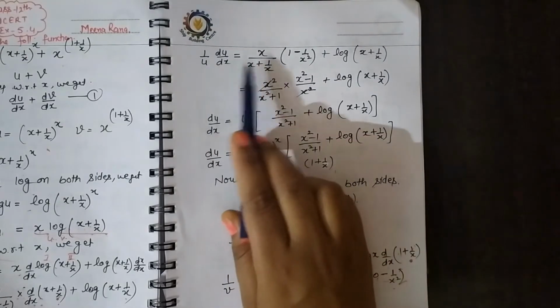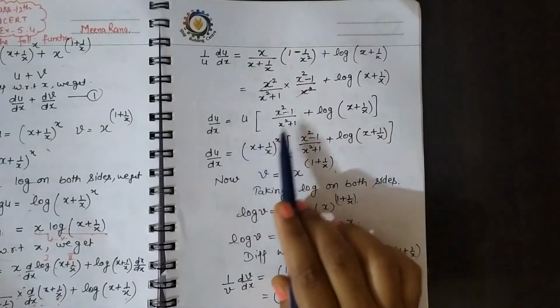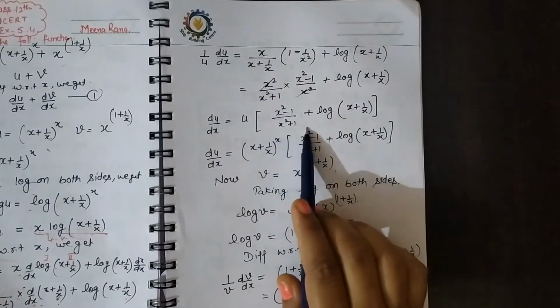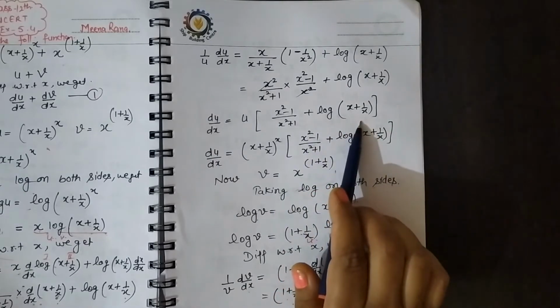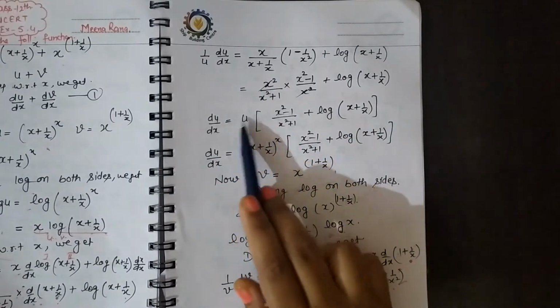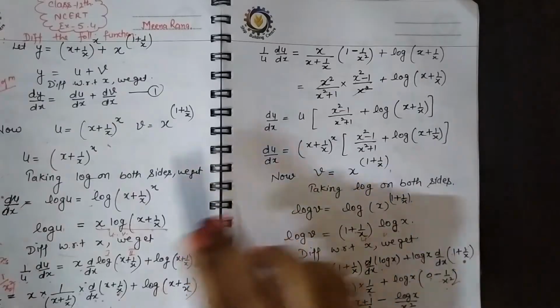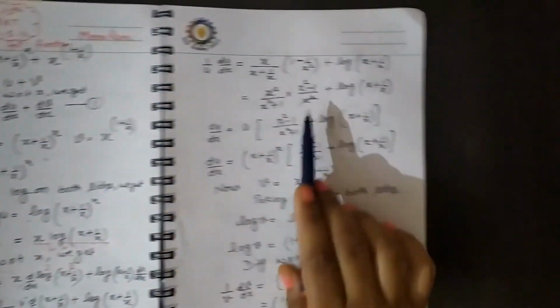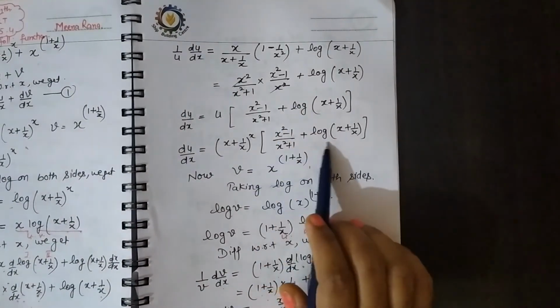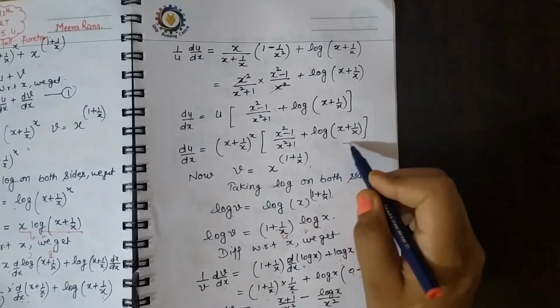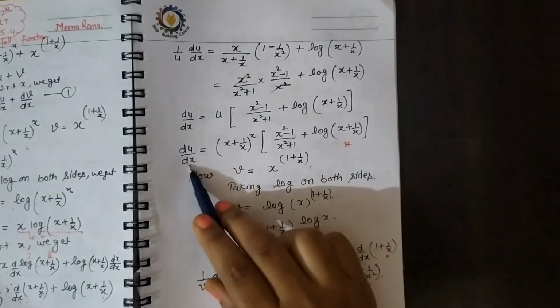Now multiply u by that side: u times (x square minus 1 upon x square plus 1 plus log of (x plus 1 by x)). So put the value of u, that is (x plus 1 by x) raised to power x. Put the value here. Now we get the answer of du by dx.